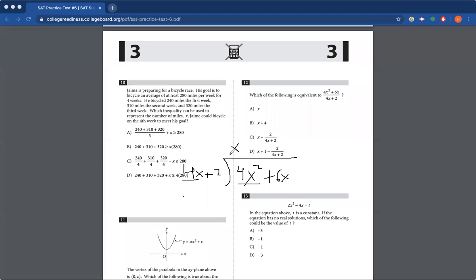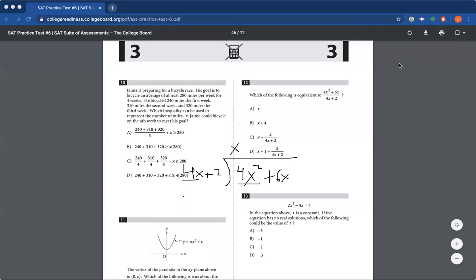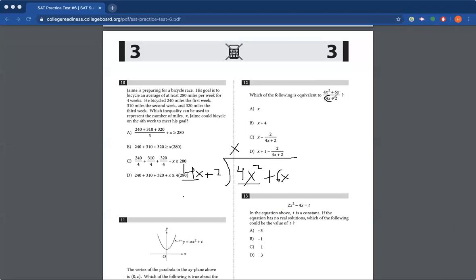Yes, I should use synthetic division. The problem is, the thing with synthetic division is I don't believe you can really do it when you have a coefficient on your x.